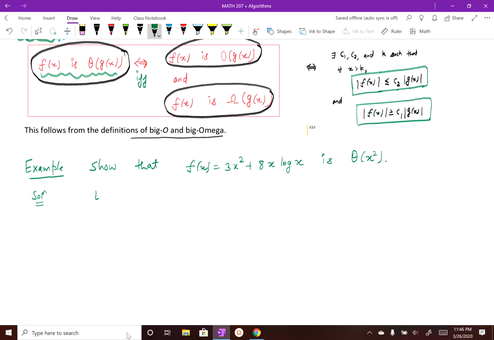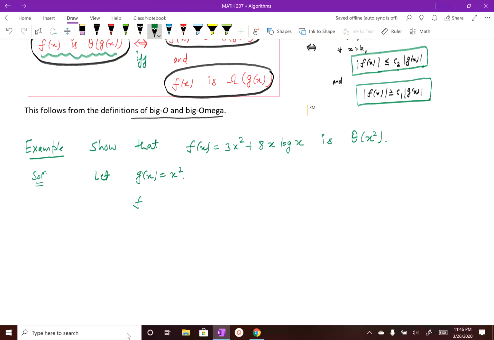So let g of x be x squared, and then you can prove that f of x is big theta of g of x if and only if f of x is big O of g of x, and if you can also show that f of x is big omega of g of x.